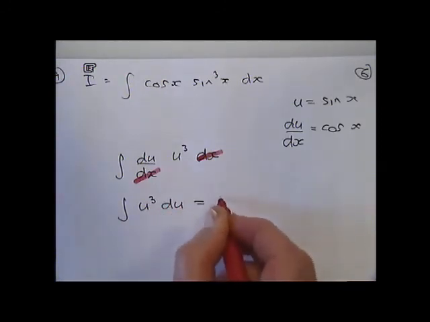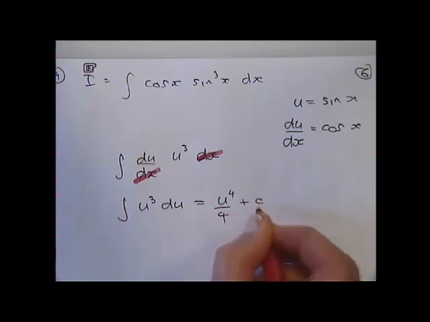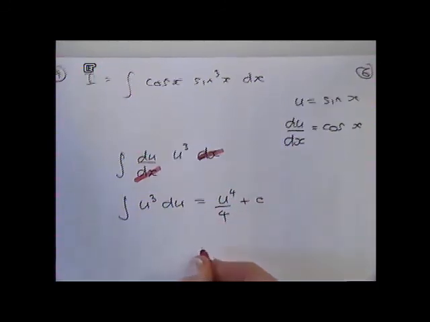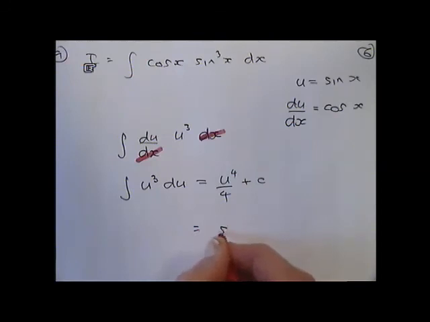I'm going to go through this fairly fast because I know you can do this bit. u to the power of 4 over 4 plus c. Replace your u's with your x, and you get an answer. That one came to an answer very, very quickly. Not much manipulation there at all.